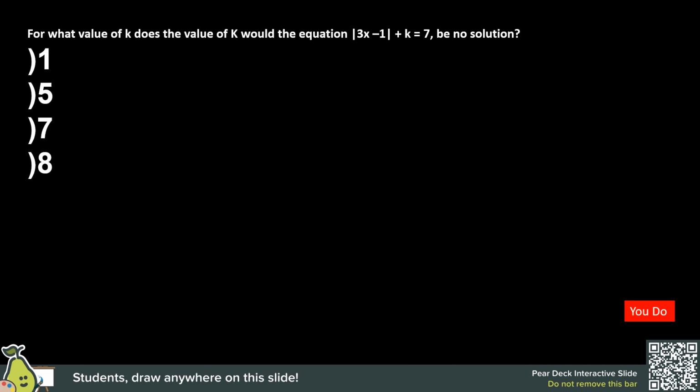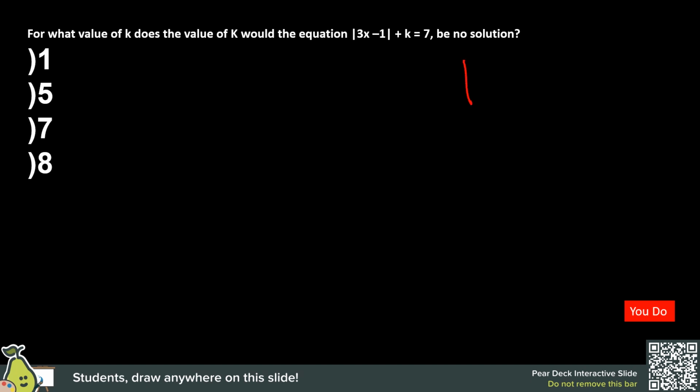All right, this question. It's a very interesting question here. So it says, for what value of k, there's a little typo here, would the equation, absolute value of 3x minus 1 plus k equals 7 have no solution? So with absolute values, we can have no solutions, and I'm going to be very clear here.